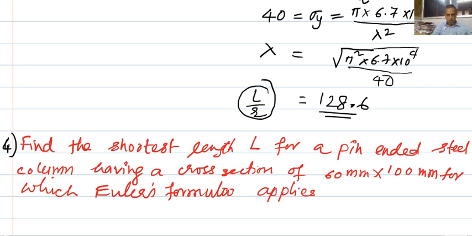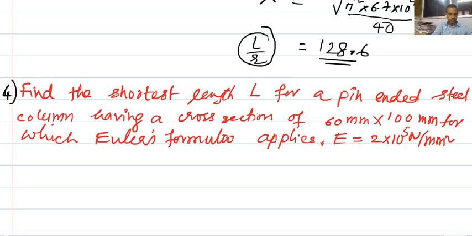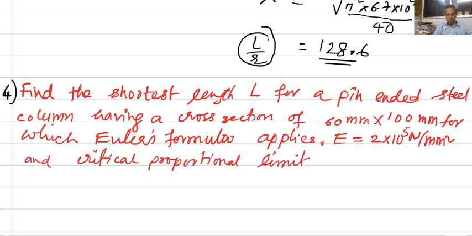Take E equal to 2 into 10 power 5 Newton per millimeter square. Okay. And the critical proportional limit is 250 Newton per millimeter square.